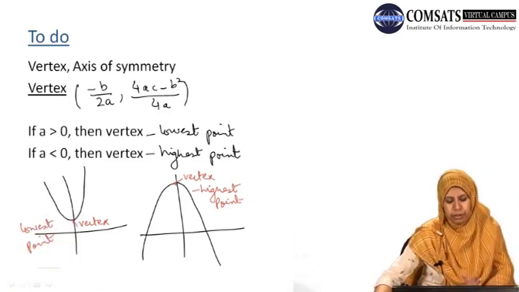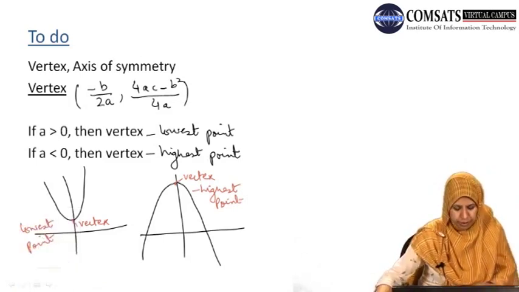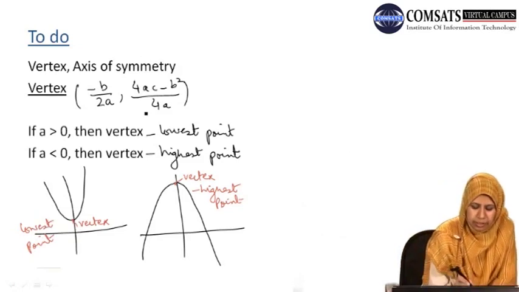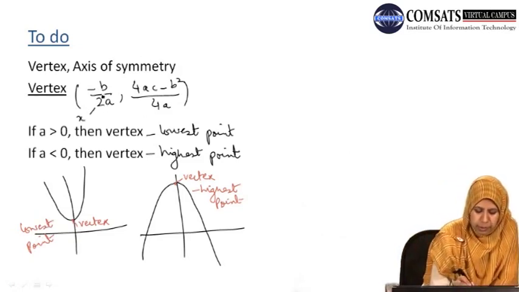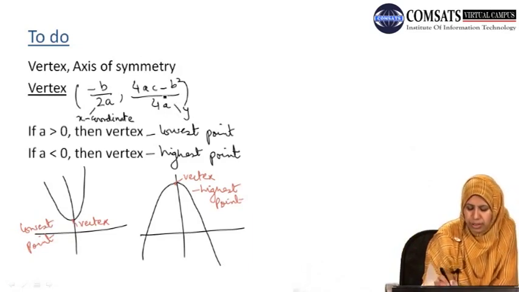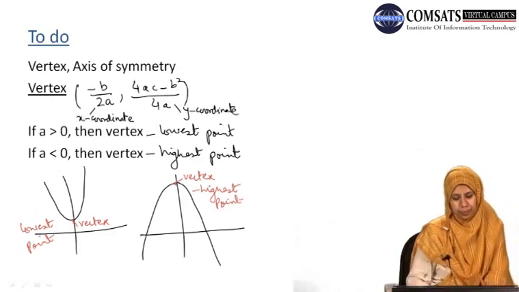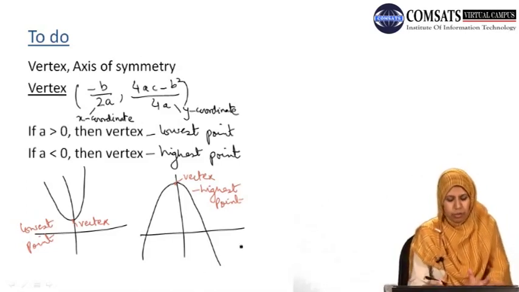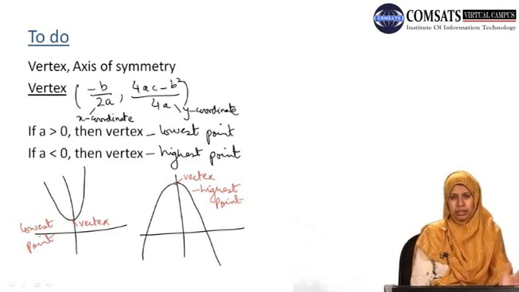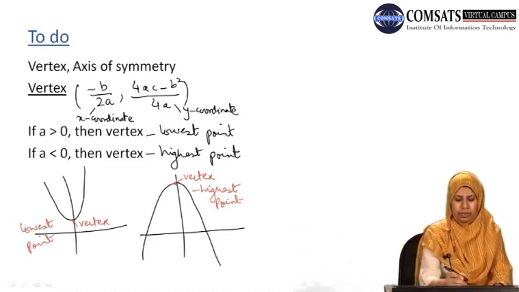Okay. If we look at the coordinates of our vertex, with x coordinate as minus b over 2a, and y coordinate as 4ac minus b square over 4a, then they are somewhat similar to a part of our quadratic formula.